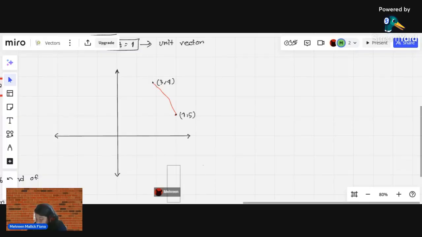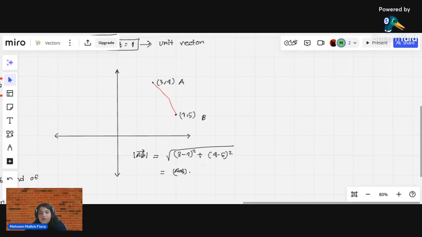Let's say I have vectors A and B, the distance is something like root over (3 minus 1) plus (4 minus 5) whole square. It would be a certain value, but I'm not showing you the value.